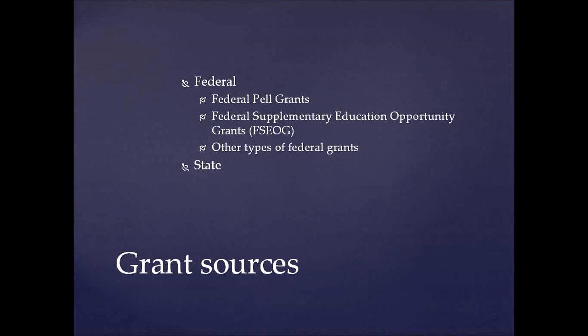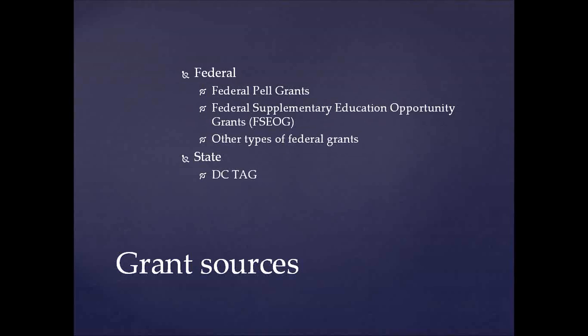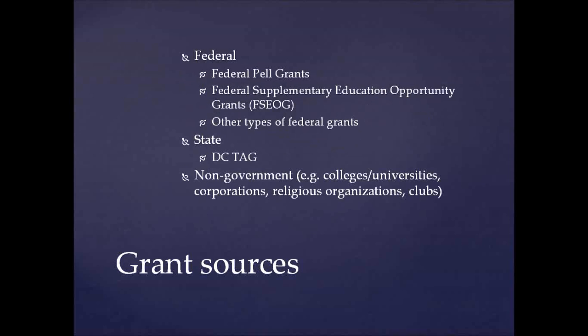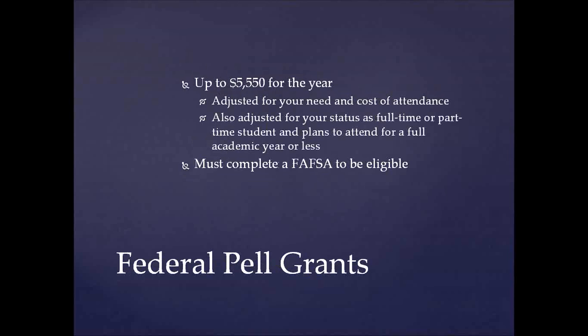States also provide grants to students, and the most relevant that you'll probably know about is DC TAG and DC CAP. We'll get into that in a bit. There's also some non-governmental organizations like colleges and universities or corporations or religious organizations or clubs and so on and so forth that offer grants to students, so be aware of those.